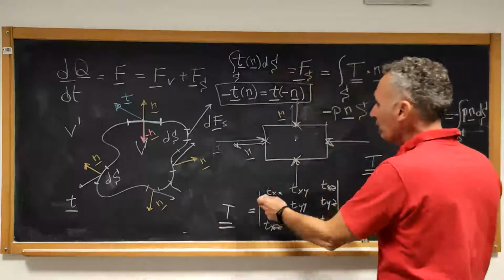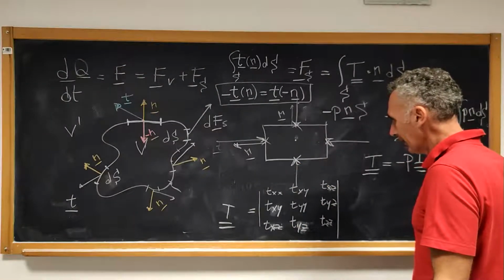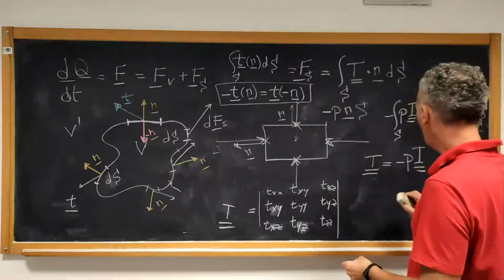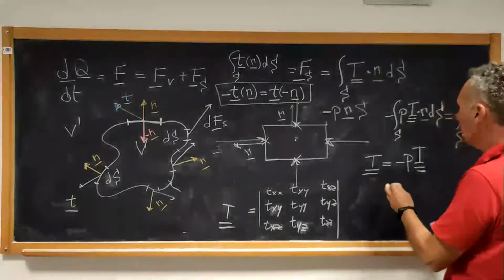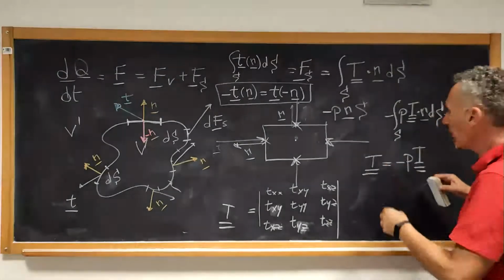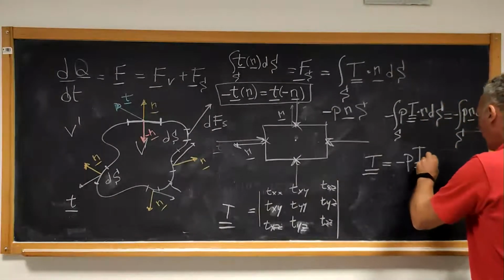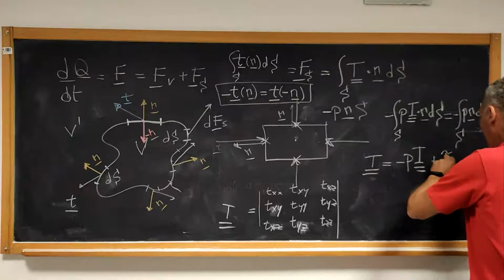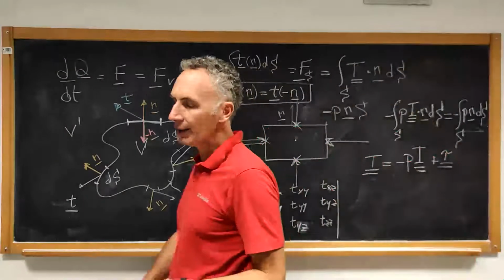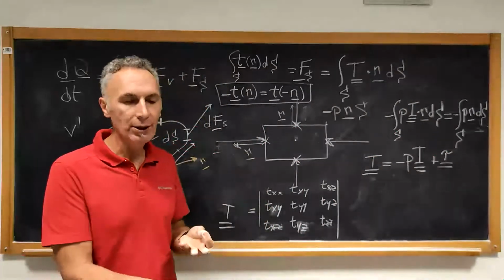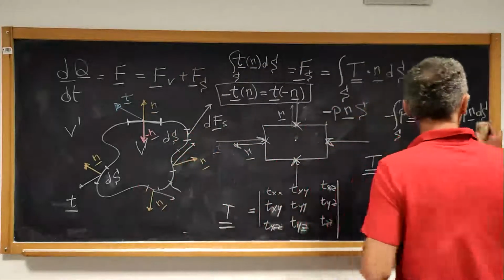But of course, this must also contain the part due to the angular deformation. So generally, we can write that the tensor T is made of two parts. This part, the one due to pressure, which is the hydrostatic part, plus another component, which is called the deviatoric part, and this part is the one due to the deformation of the fluid element.